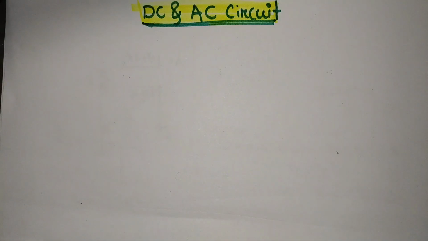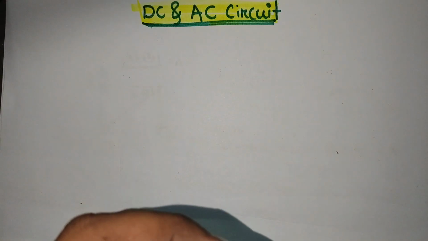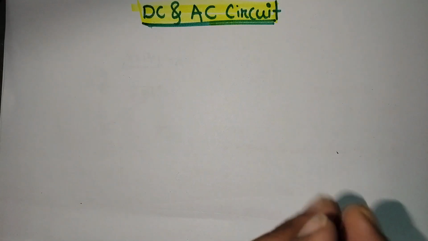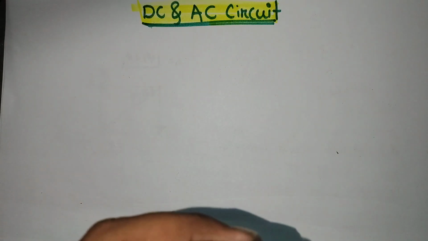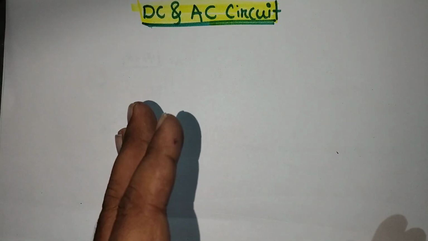This is the basic. In every analog and digital electronic circuit, we are going to use DC and AC circuits.